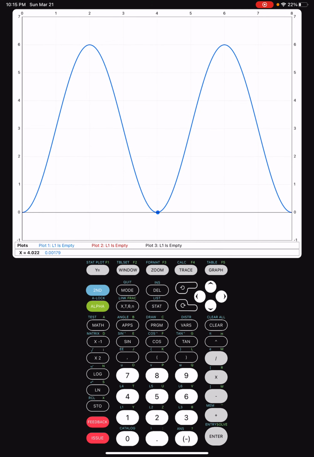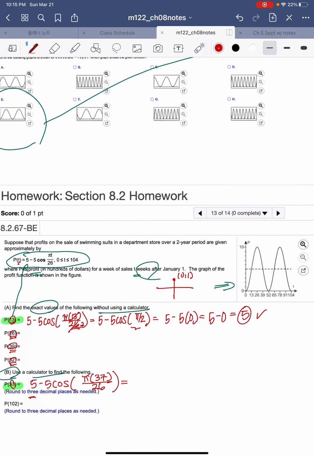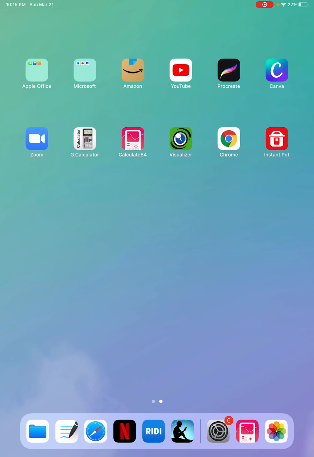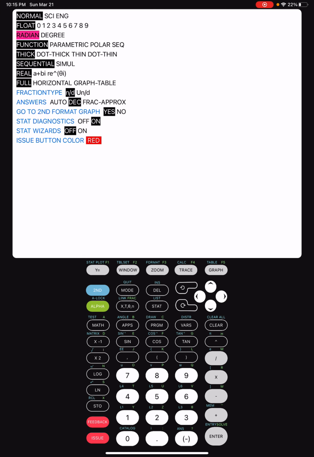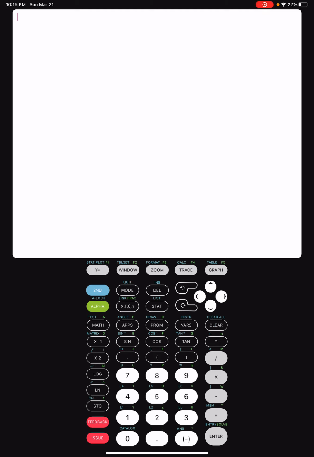Pull out the calculator. Be careful, always begin by checking which mode. It will be radian because it's a pi. You don't see a degree, so it has to be radian mode, which is good. And then just type in the whole thing: 5 minus 5 cosine. On the numerator, it was 37 pi, on the denominator, it was 26.